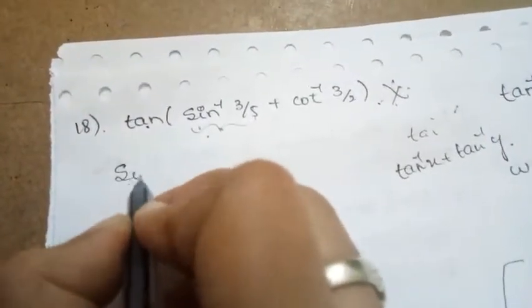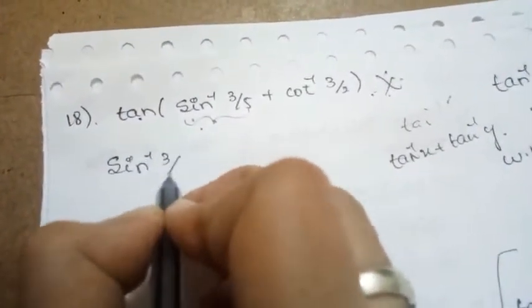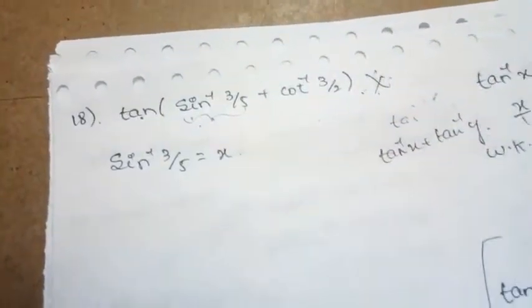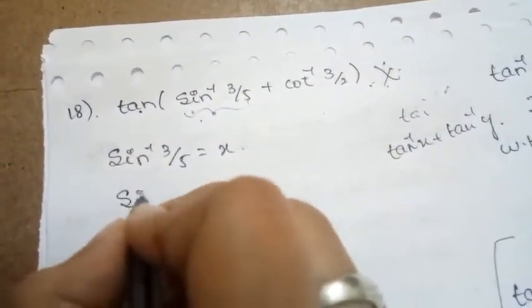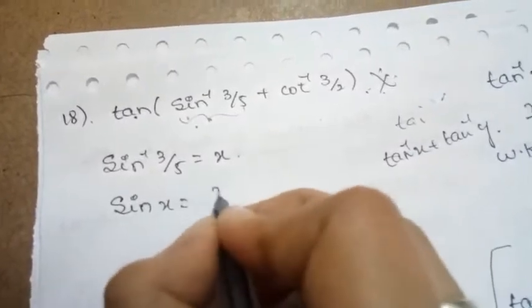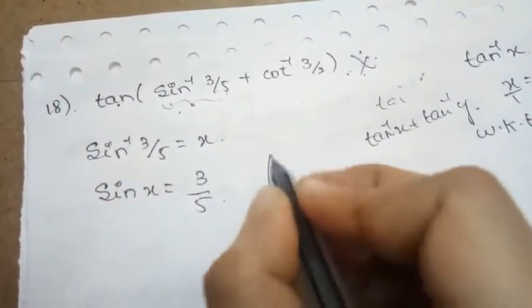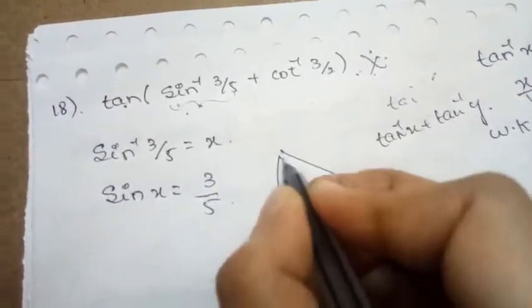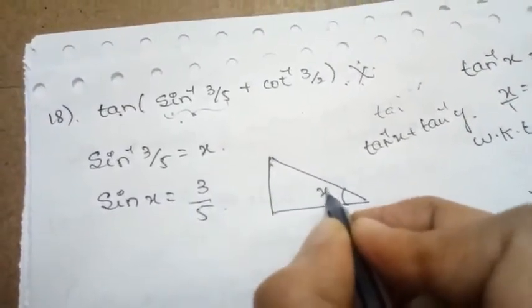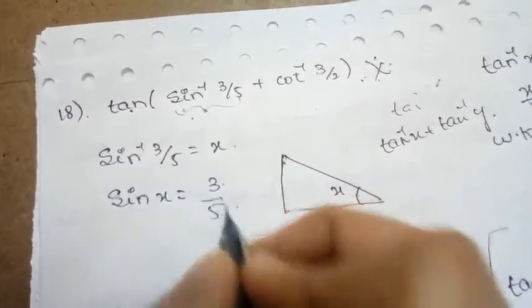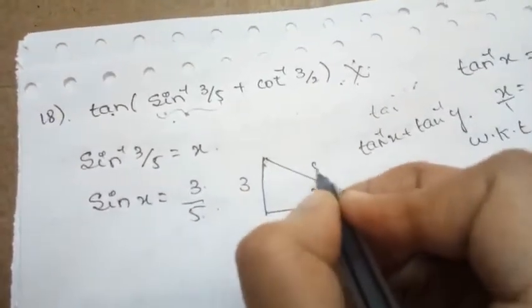What have they given? Sin inverse of 3 by 5. Suppose I take sin inverse of 3 by 5 equal to x, which means sin x is equal to 3 by 5. If I consider a right angled triangle with this angle x, sin x is 3 by 5, meaning opposite by hypotenuse, so the opposite side is 3 and the hypotenuse is 5.